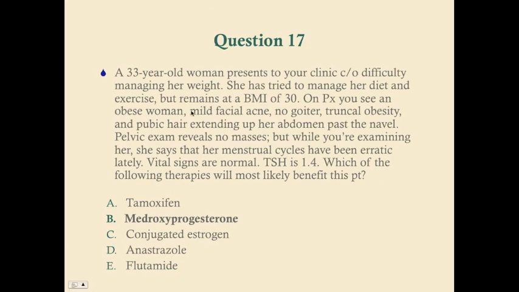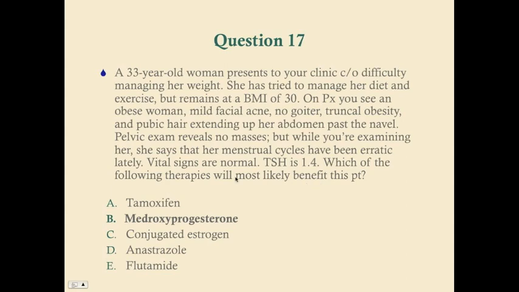So the three cardinal findings in polycystic ovarian syndrome are androgenizing signs, amenorrhea or oligomenorrhea, and then the polycystic ovaries on your sonogram. But the question here was which of the following therapies will most likely benefit this patient, and we have our presumptive diagnosis here.